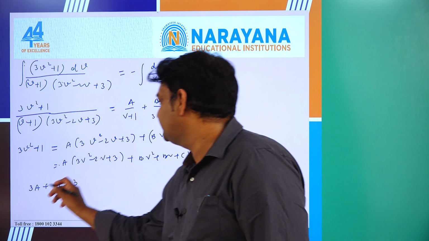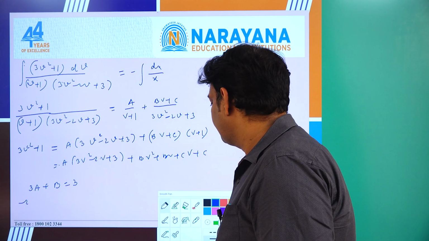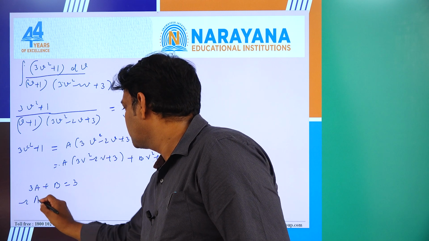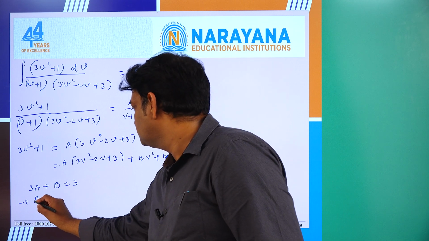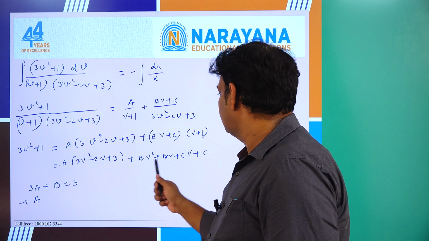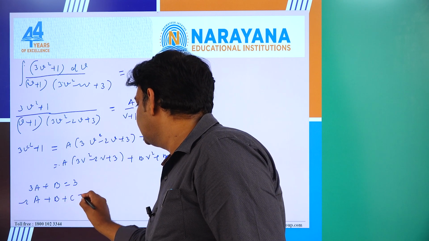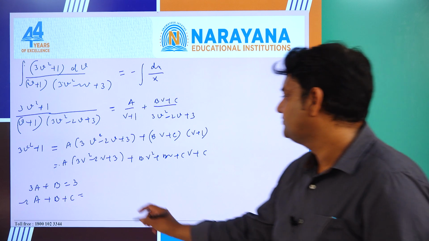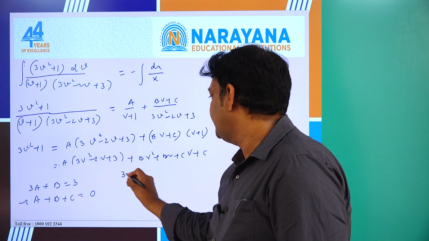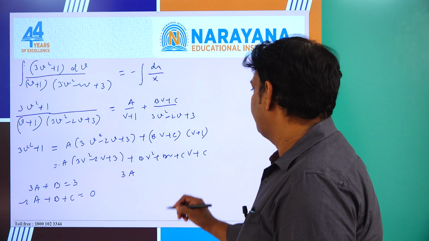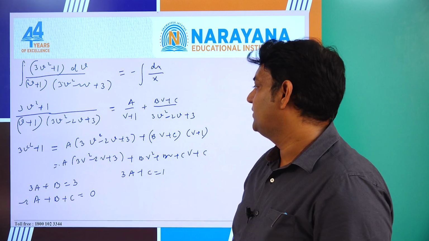And then v coefficient: minus 2a plus b plus c, how much? 0. And then the constant term. What is the constant? 3a plus c should be equal to 1.